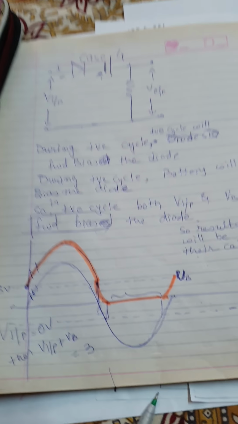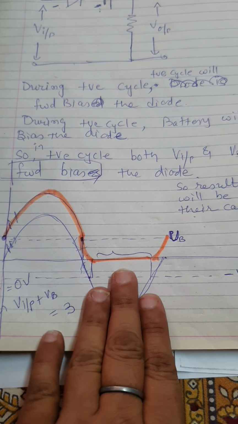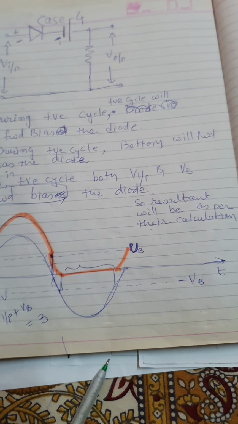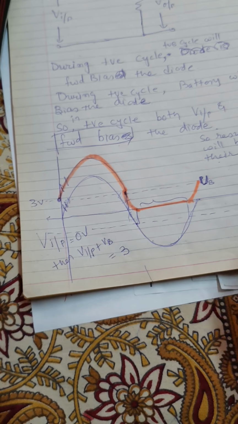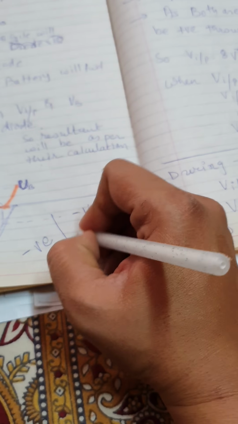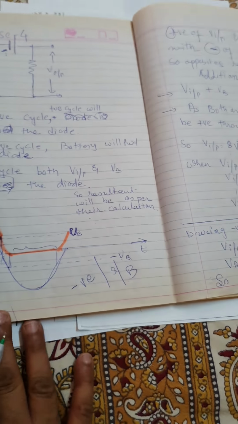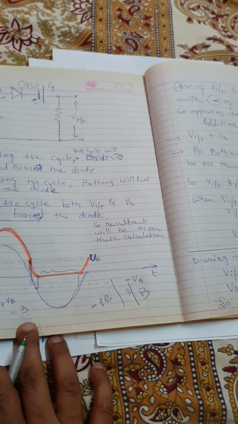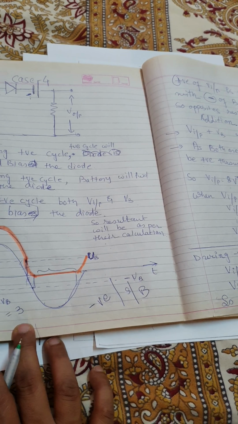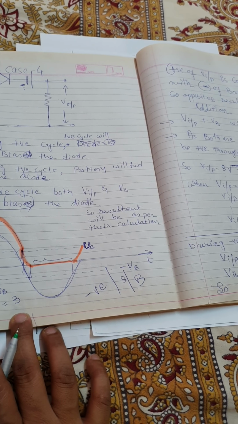In this particular case, we can observe that the negative part of the input has been clipped. So we can name this clipper a negative series biased clipper. Case 3 was the positive series biased clipper.